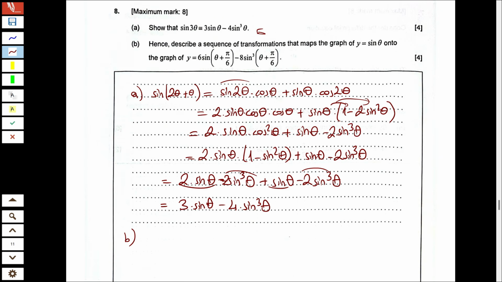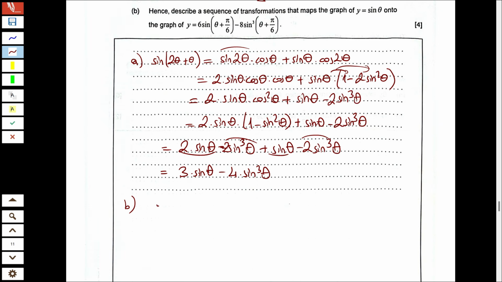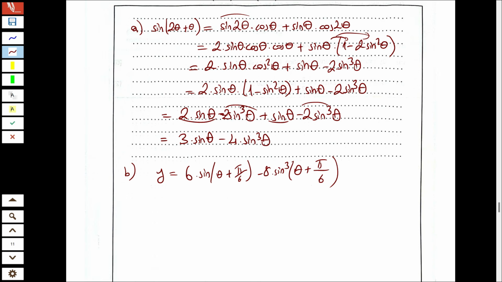I will first start, what is this? Y equals 6 times sine of theta plus pi over 6 minus 8 times sine to the power of 3 of theta plus pi over 6, right? And in the previous question, we found something similar to that.